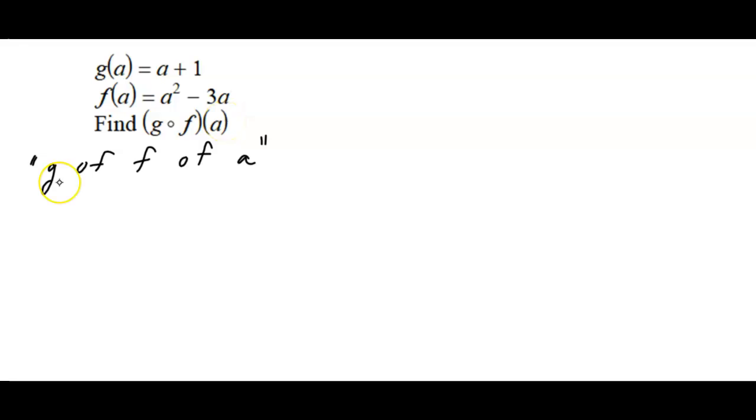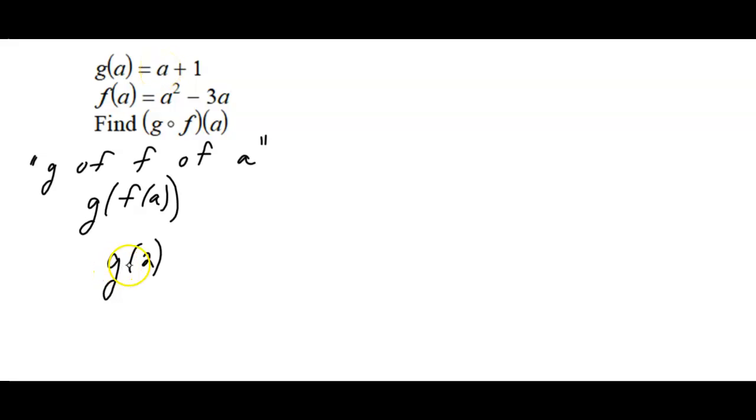Sometimes I like to rewrite it, g of f of a, so that you can see which function is your inside function and which is your outside function. Because you're going to take the f function and plug it into the g function. Just like if I asked you to find g of 2, you would go to your g function and put a 2 in for the a.